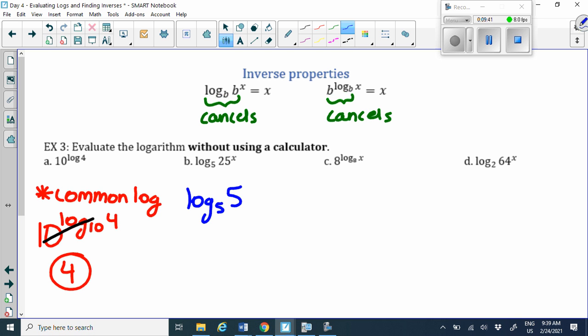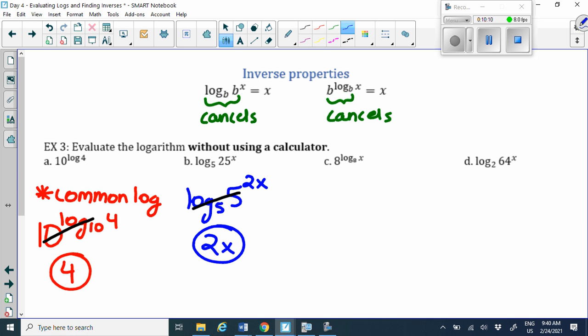I can't just magically do that, but I can use some algebra properties to rewrite. 5 to what power gives us 25? That is going to be 2. I do need to keep that x, because that doesn't magically go away. Now that I have the base of my log and the base of the exponent exactly the same, they cancel out, and all we're left with is 2x, and that'll be our answer.